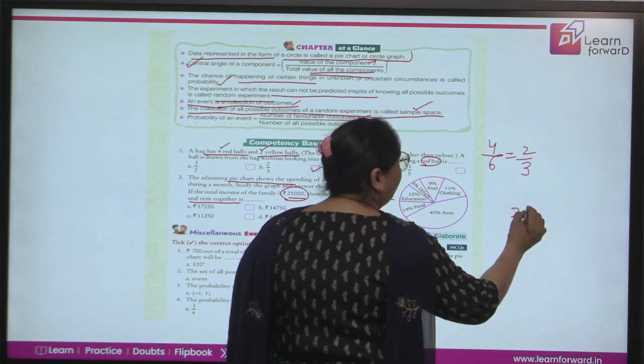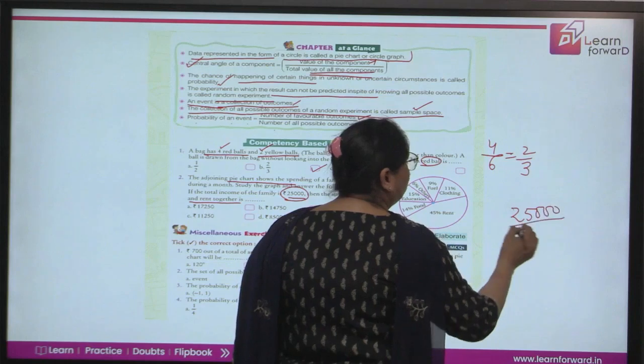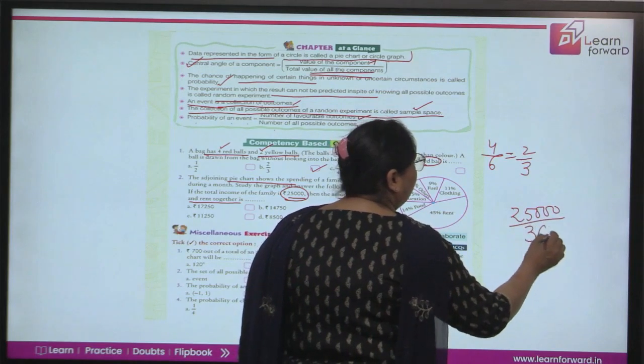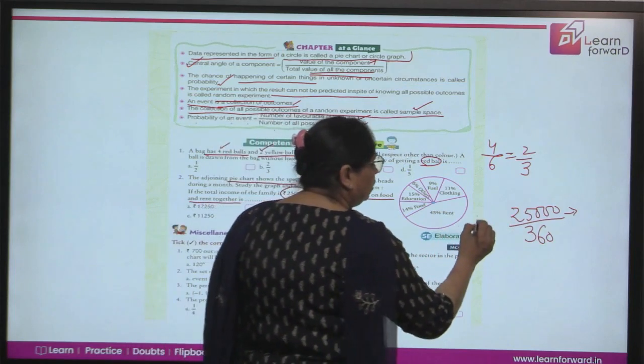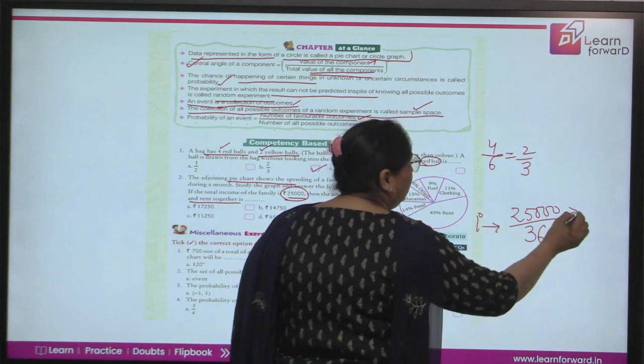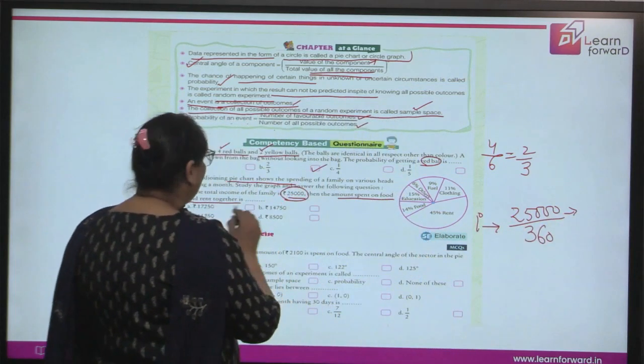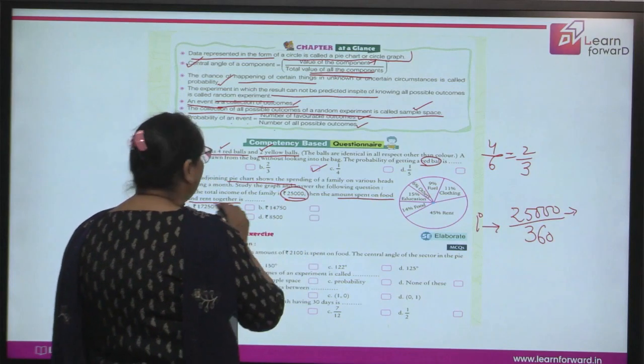So, 25,000 upon 360 gives you the amount represented by 1 degree, and we have to find the amount spent on food and rent.